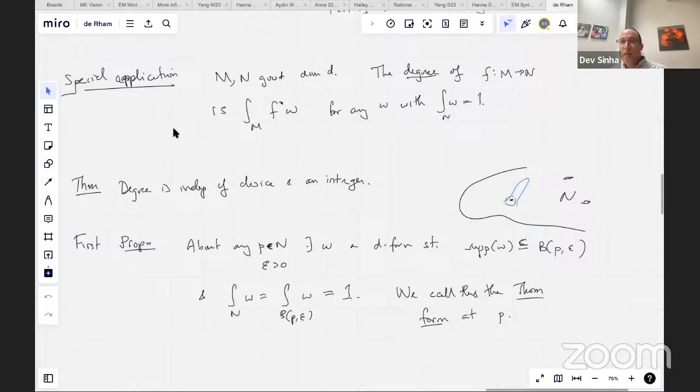It's just going to be that function times that top dimensional form. You could also think of it as a Dirac form.